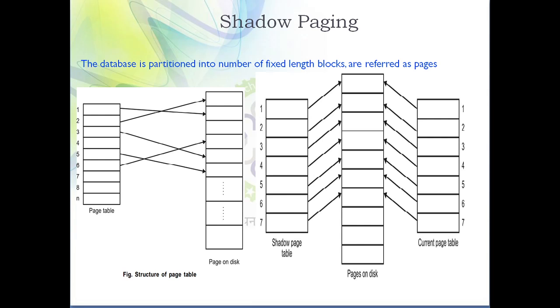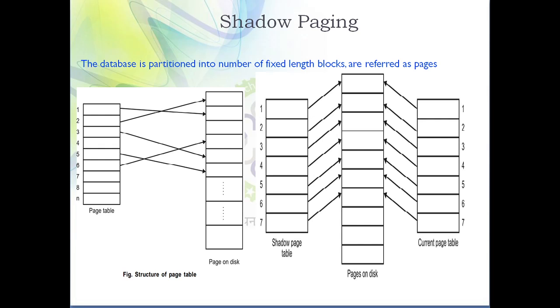So in that case, suppose there is a failure in the system, suppose suddenly there is a power issue. So what will happen? Whether that data gets saved? No, obviously that data is not going to be saved, because I have not saved that file. So in that case, what are the current page table and the shadow page table?